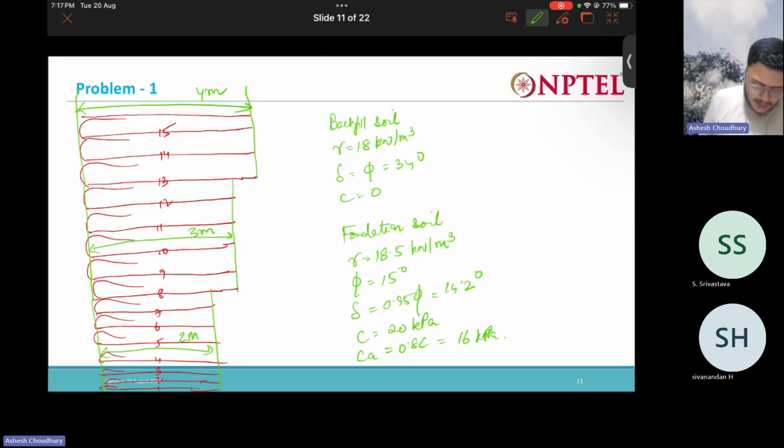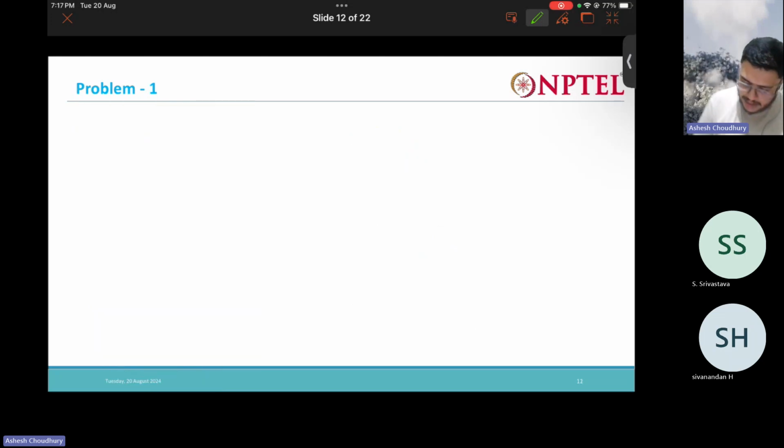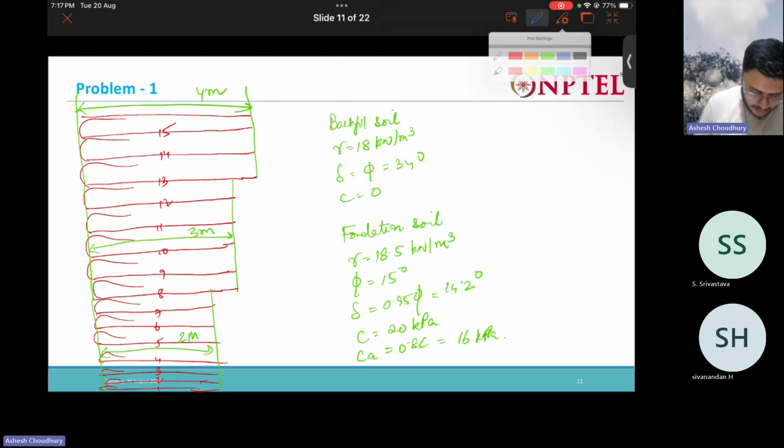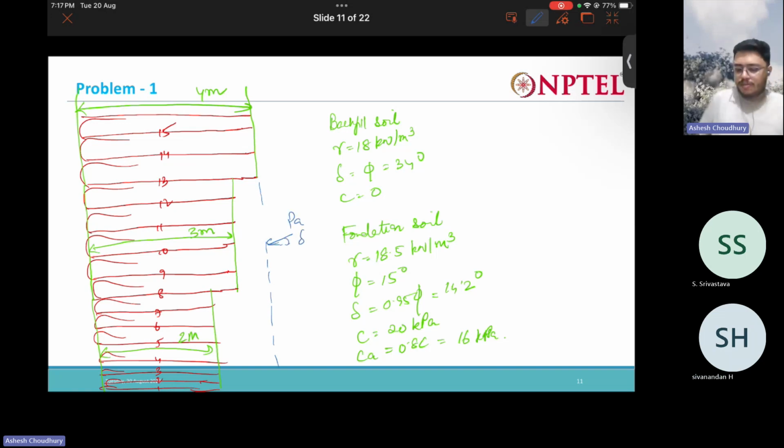Now see, here some P_A will be acting at an angle delta, as we are considering a rough wall.